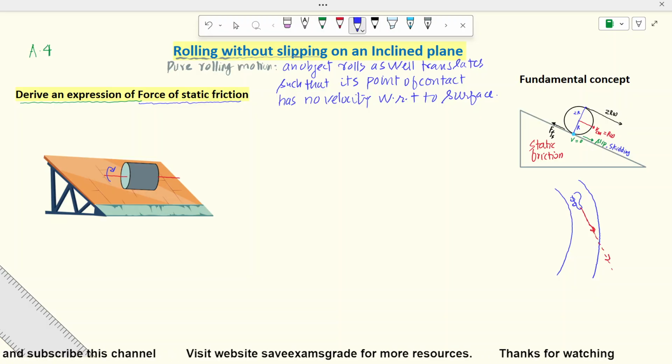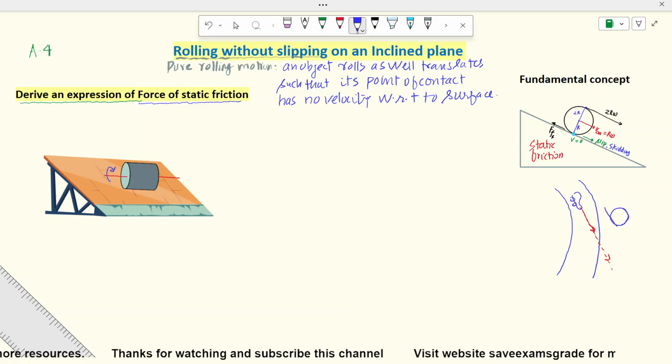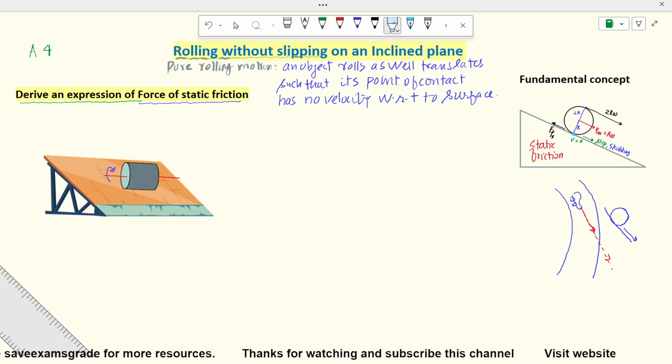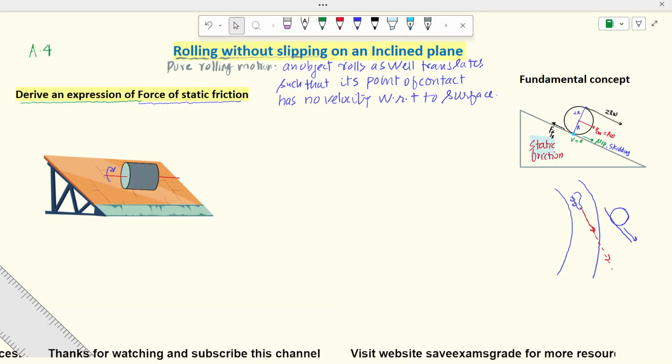Its wheels are rotating as well as the car skidding. Just imagine this is a wheel: the point of contact is sliding as well as rotating. In that case, we say a dynamic force of friction is exerted. Today we will discuss the static force of friction and derive its equation.